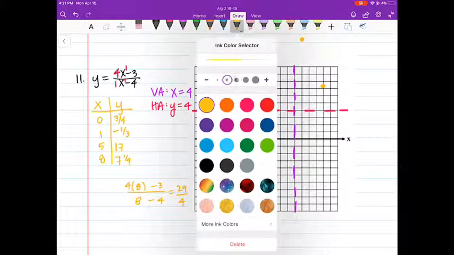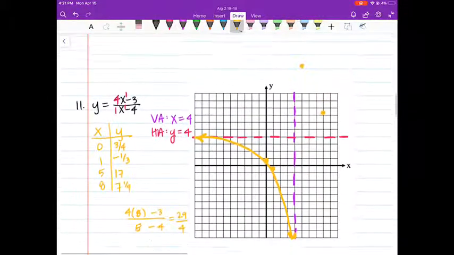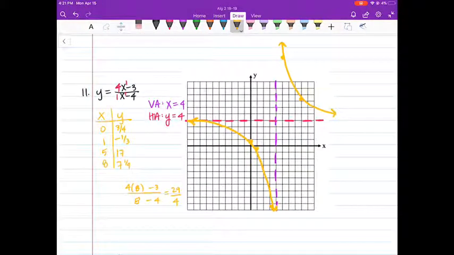Now connecting these dots, again, there's really only one option. My branches have to level off or shoot downward and upward at my asymptotes. So if you'd like to draw in a little bit more of your vertical asymptote and your horizontal so that we can more easily see that it's approaching it, go for it. We don't really have to though.